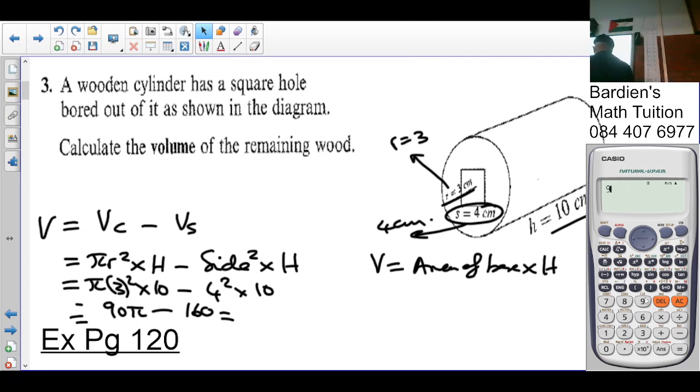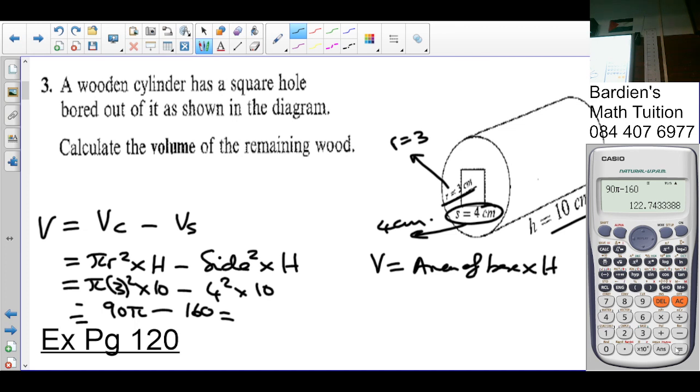So 90 pi minus 160 is 122,7. Centimeters cubed.